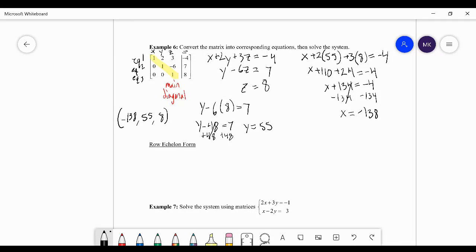Now let's look at row echelon form. Row echelon form is a very nice form of a matrix that helps us to solve equations doing back substitution.